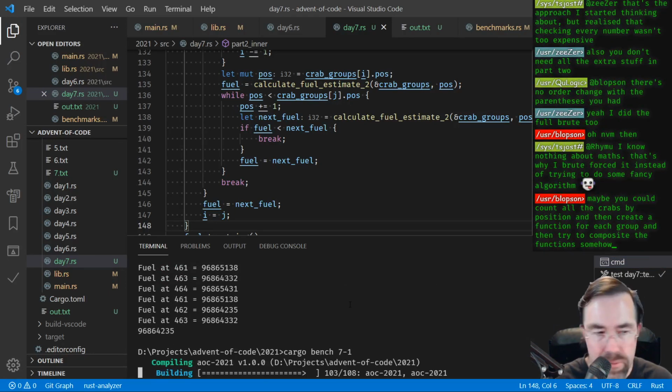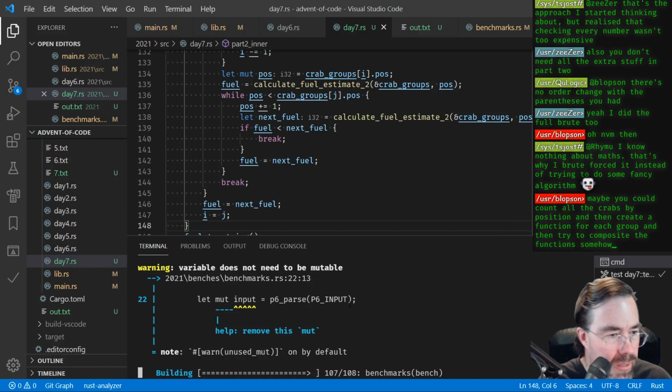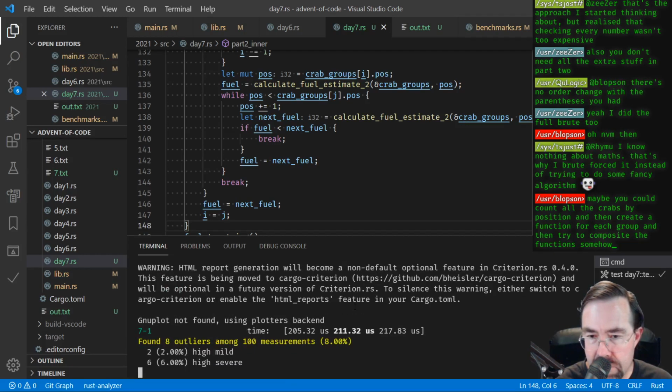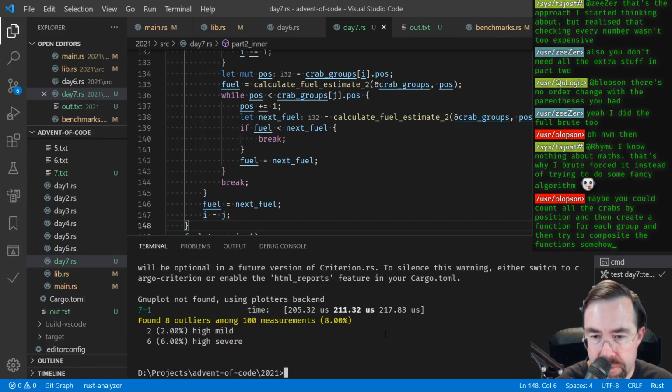Bench 7-1. Count all the crowds by position, then create a function for each group, and then try to composite the function somehow? I don't know. 211 microseconds. Actually, that's not that bad. What did Sarian say?